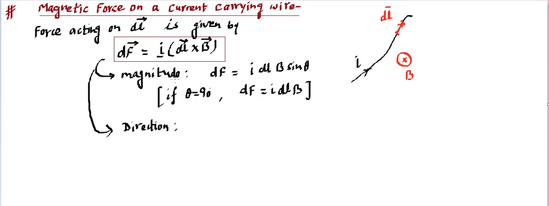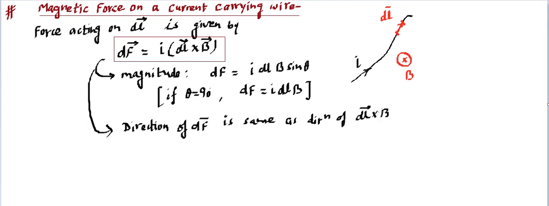So we can say dF direction will be same as the direction of dl cross B. So we can say direction of dF force is given by, or is same as direction of dl cross B. So basically a cross product is being used, and the direction of this cross product is going to give us the direction of force on that small element.